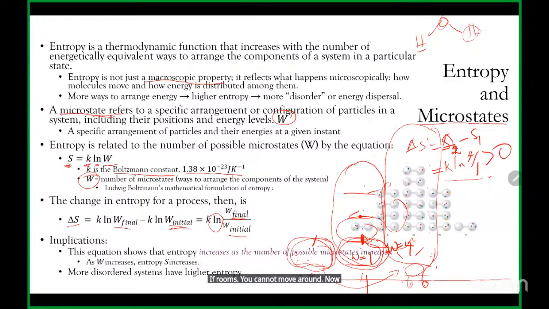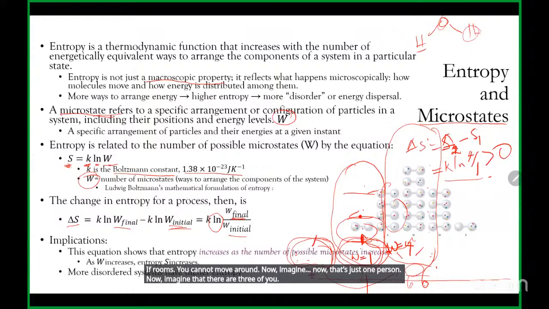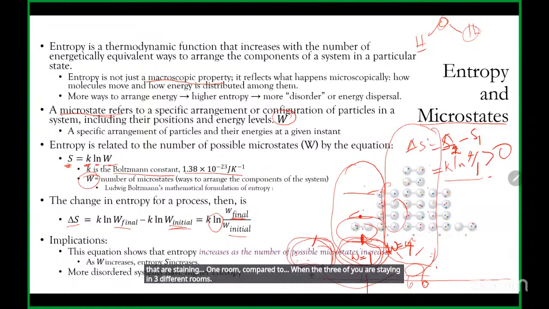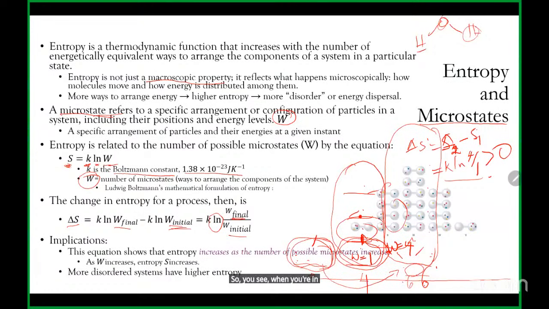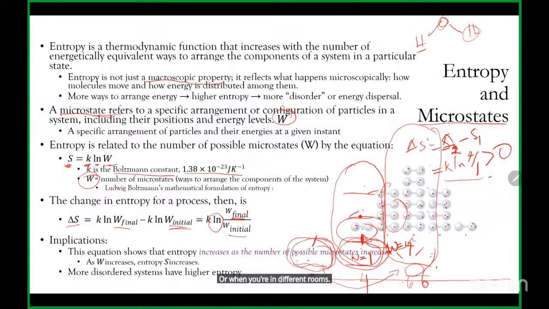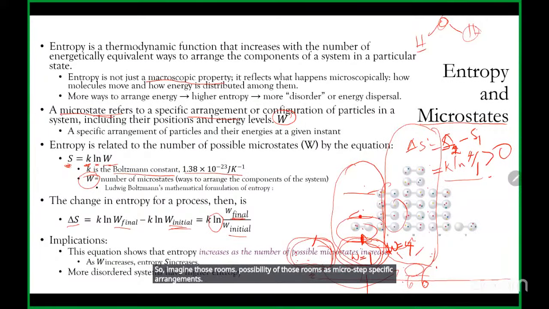Now imagine there are 3 of you staying in one room, compared to when the 3 of you are staying in 3 different rooms. When you're in one room, you are mindful of how you move around. But when you're in different rooms, you have more freedom. So you have increased entropy. Imagine the possibilities of those rooms as microstates, specific arrangements that you can have.